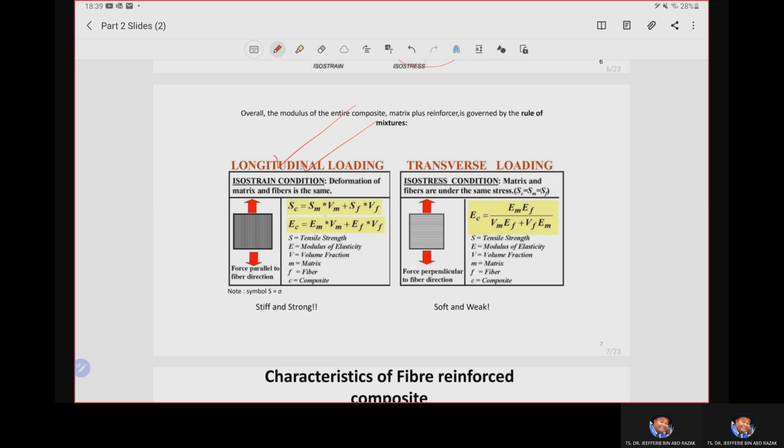At the transverse direction, the isostress condition applies, where the composite behaves very soft and weak. This characteristic explains the anisotropic condition in fiber reinforced composite, FRC, where the properties are directionally dependent.